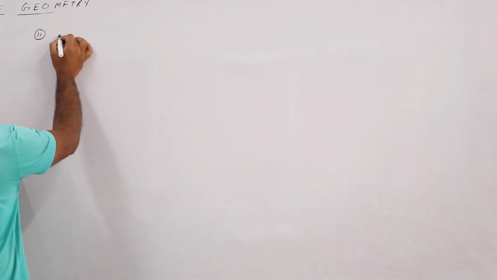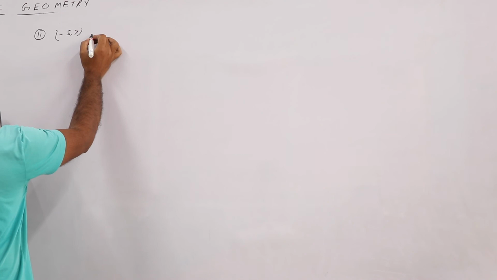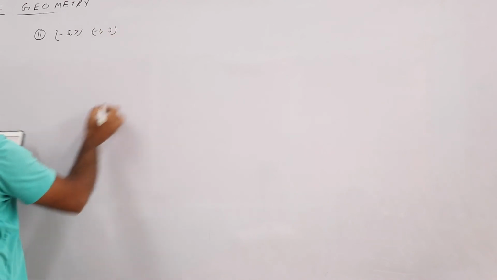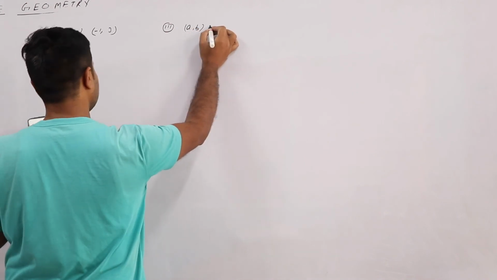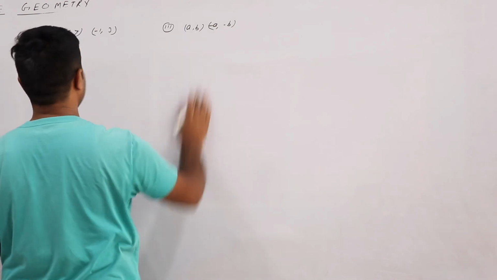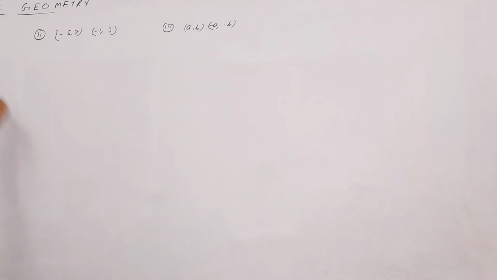So question number 1. Find the distance between the following pairs of points. Given (2, 3) and (4, 1). Try to find first. (minus 5, 7) and (minus 1, 3). Point number 3, (a, b) and (minus a, minus b). Anybody get the answer? So AB is equal to root over (2 minus 4) whole square plus (3 minus 1) whole square.